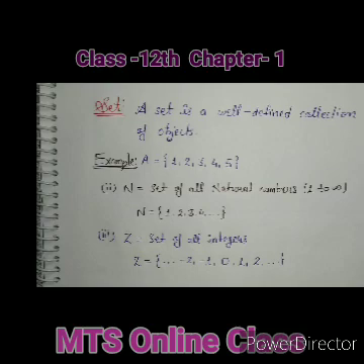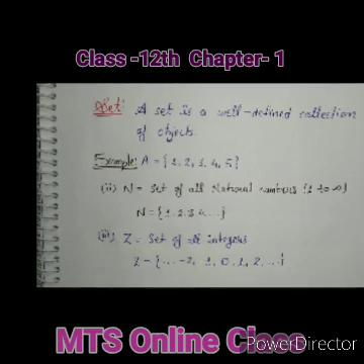If we want to represent the set of vowels, we write small a, e, i, o, u.